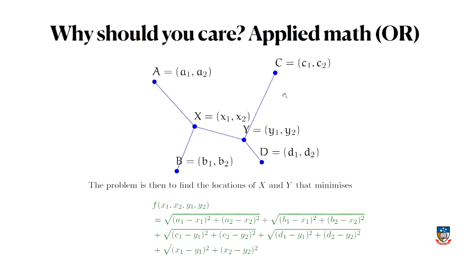And here's a problem where you have, say, 4 different fixed locations of factories. So maybe you're Amazon, and you have some warehouses at A, B, C, and D, and you're trying to build 2 new distribution centres somewhere in the middle of the country, where you're going to distribute goods between these places, right?